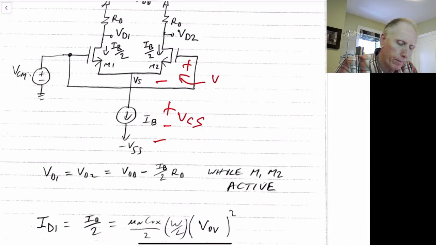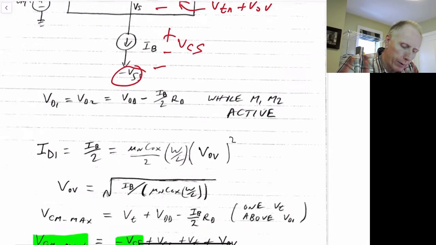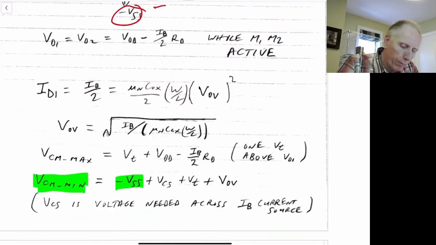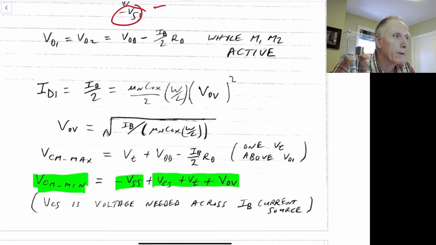So we sum these three together, minus VSS plus V sub CS plus VTN plus V overdrive, and that becomes the minimum voltage we can put on the gate for this differential amplifier, and all transistors remain in the active region.